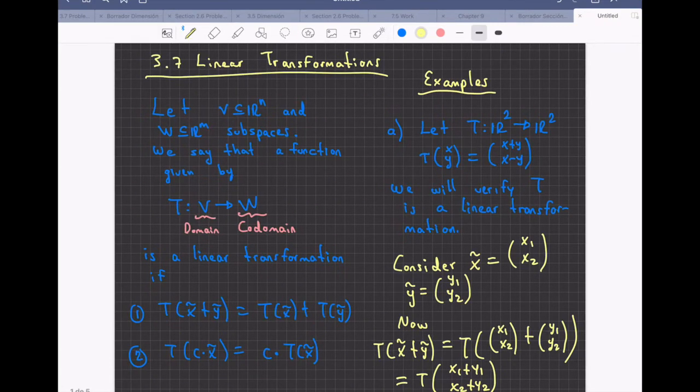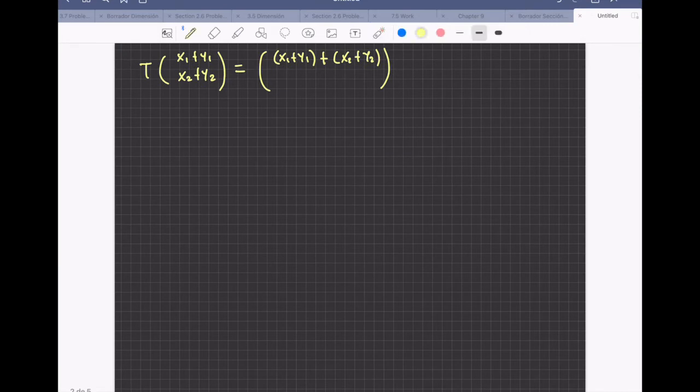Yeah, because I have to add the two entries. This is the rule for the transformation. You see, T of (x, y) is add them first and then subtract them. And then (x1 plus y1) minus (x2 plus y2).